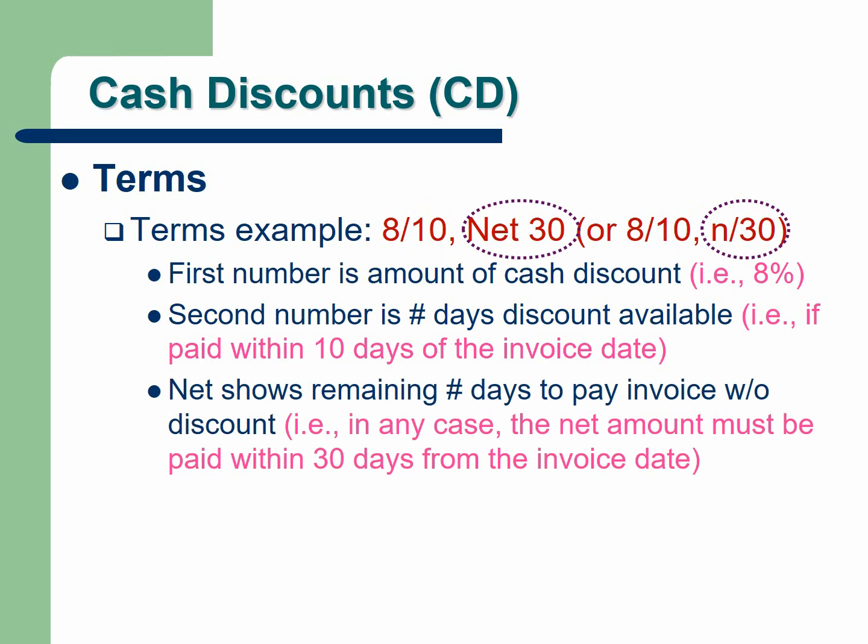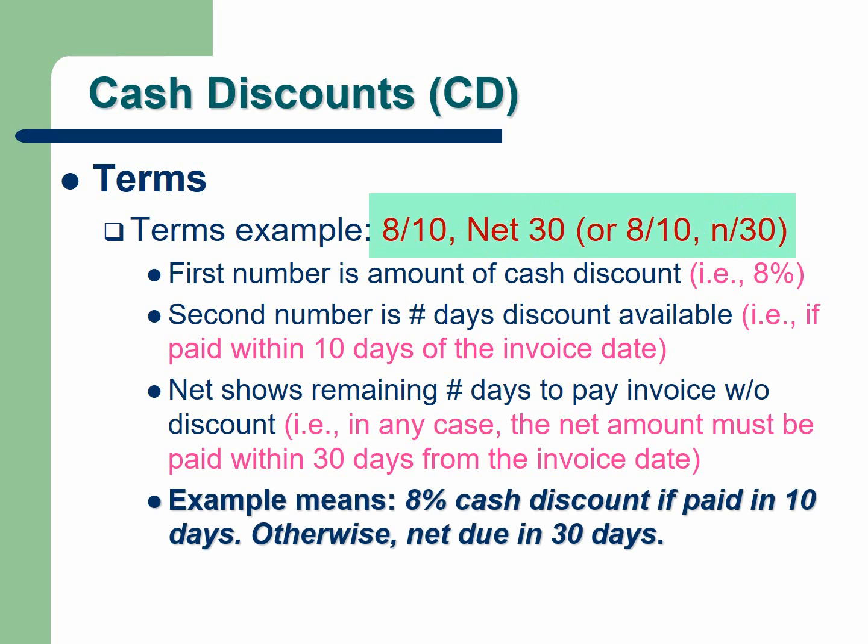Now the number after net or n slash shows the number of days to pay the invoice without incurring any late penalty. So that is the absolute net amount due with the due date. In this case it says net 30 or n/30, so the net invoice must be paid within 30 days from the invoice date.